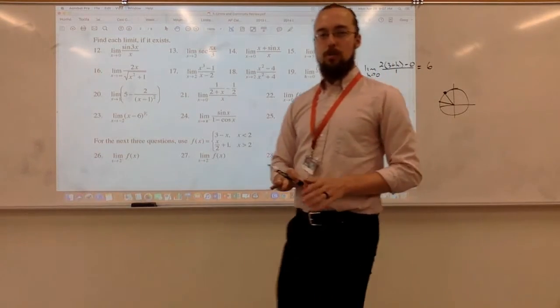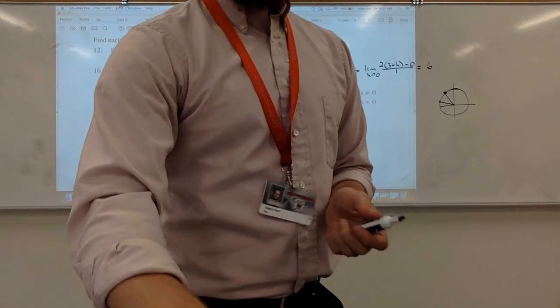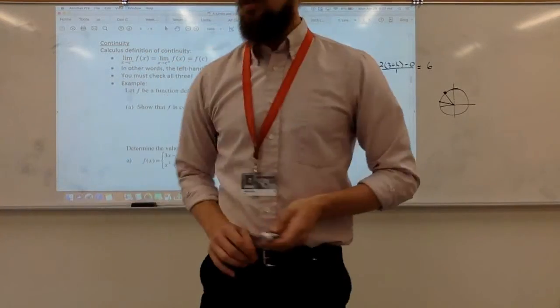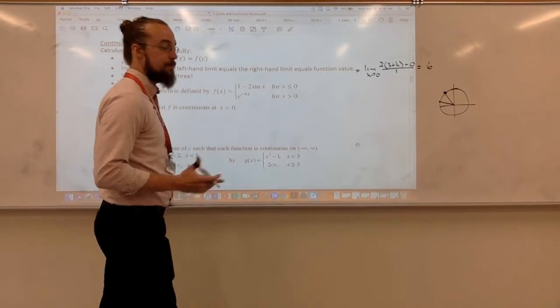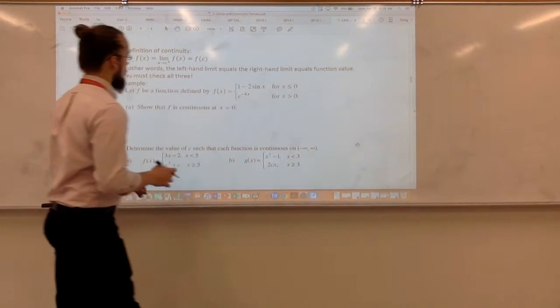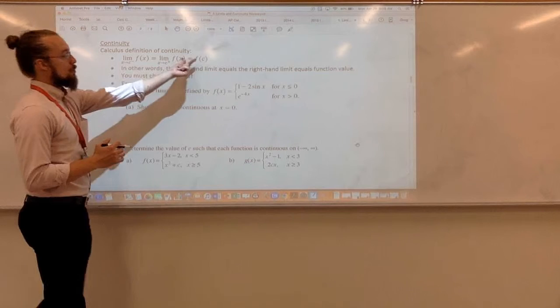Good on those? All right, so really the last idea here was continuity. It's the one I always have problems with. Our calculus definition of continuity is that the left-hand limit equals the right-hand limit equals the function value.